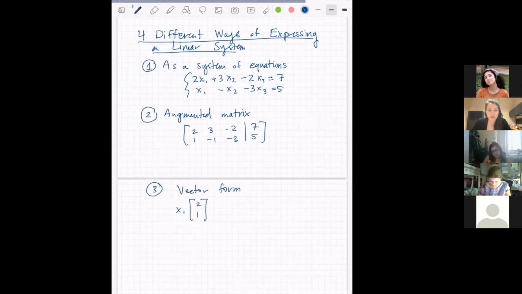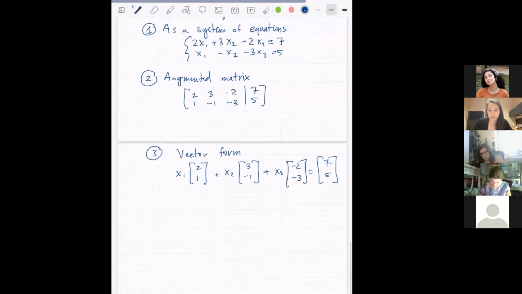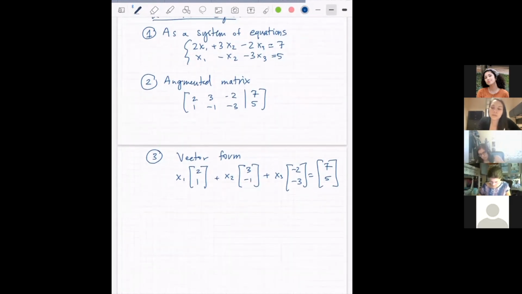So we take the first variable times the first column, x2 times the second column, x3 times the third column, and then this last, that's b, what we usually refer to as b, right? Dr. Jones, if you're given one of these, can you convert it into any of the others? Yeah, exactly. So it's convenient to be able to go back and forth between them, right? Yeah, so that's a good point.